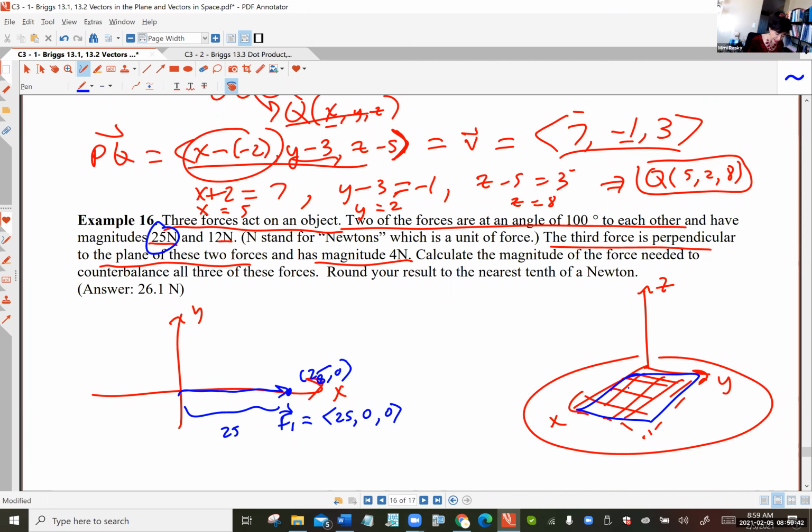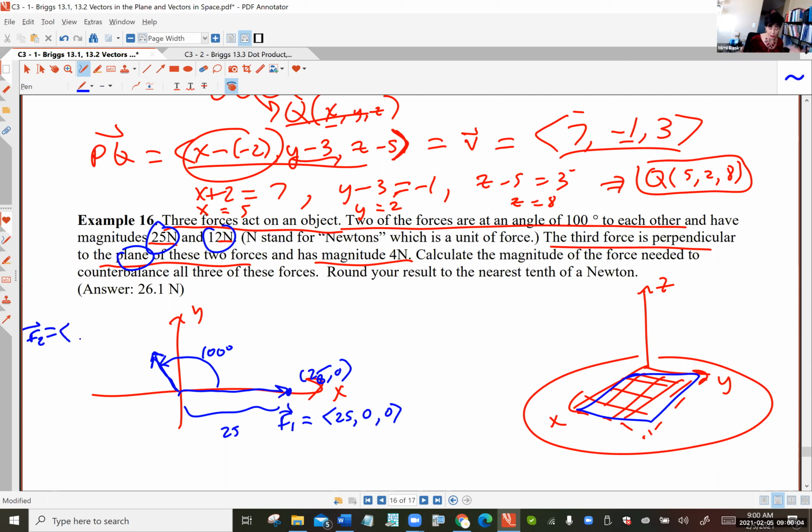Fine. Now, the other force, which is in the same plane, is making an angle of 100 degrees, so that's like right over here. And he's only half as big because he only has a length of 12 newtons. Now it's not so easy to get the component form, but we'll call this vector F2.